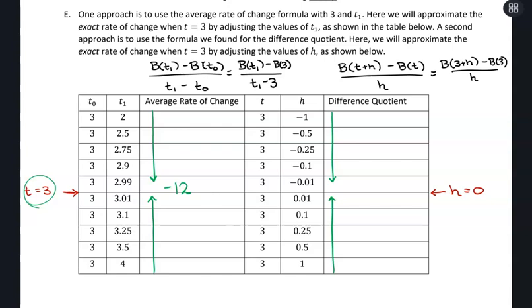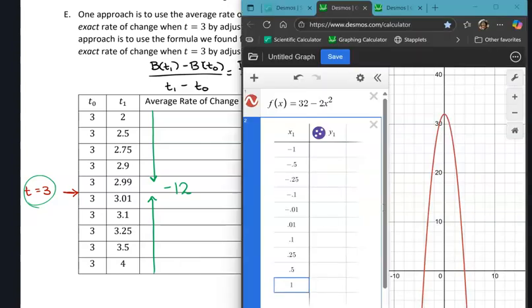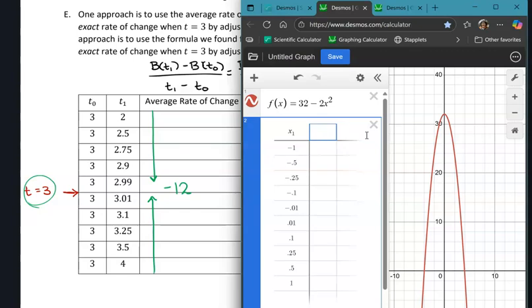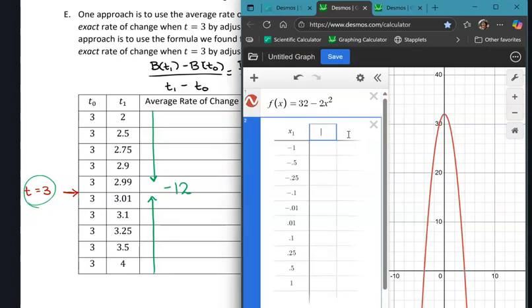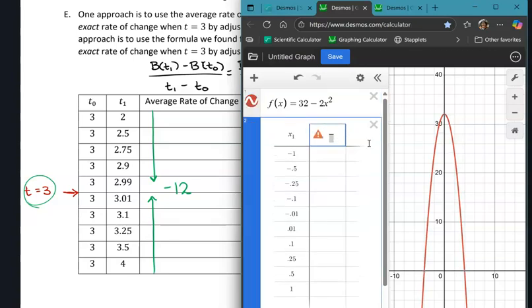For the difference quotient format, we can do the same thing, but we would just set up our table a little differently. Okay, pause the video there so you didn't have to see me typing it all in. Again, we're going to set up our fraction, and in the numerator, we're going to have our output at 3 plus h.